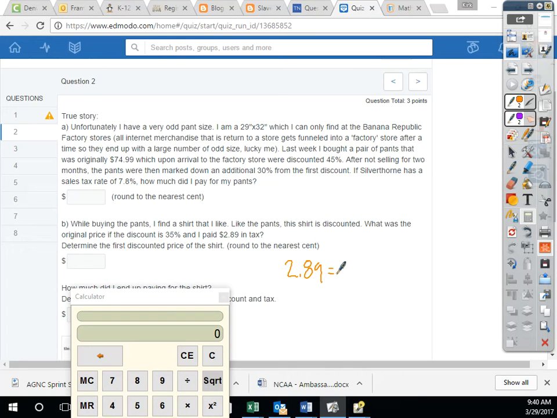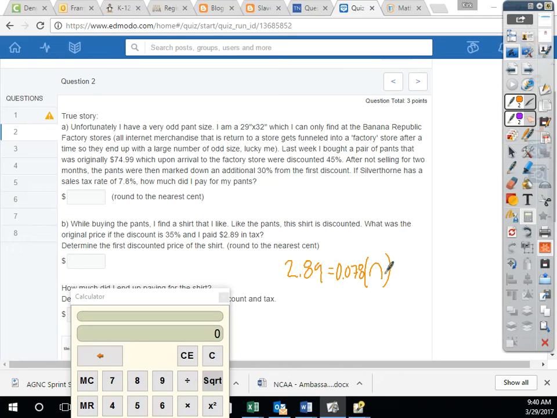So we know that $2.89 is going to be equal to a number, let's call it n, times my tax, right? And we know the tax is going to be 0.078.